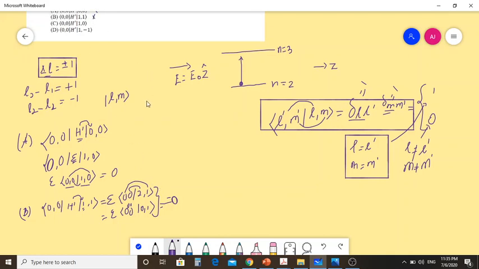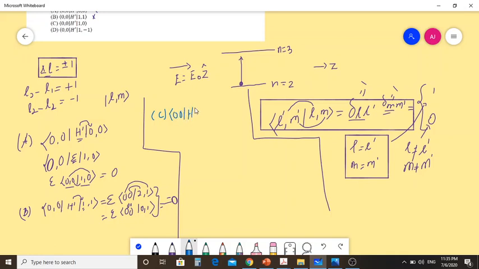Now we have to check option C. I am using a different ink. It's given 0 comma 0. The Hamiltonian is interacting with the 1 comma 0 state. When it is interacting, it will obtain the eigenvalue epsilon 2.